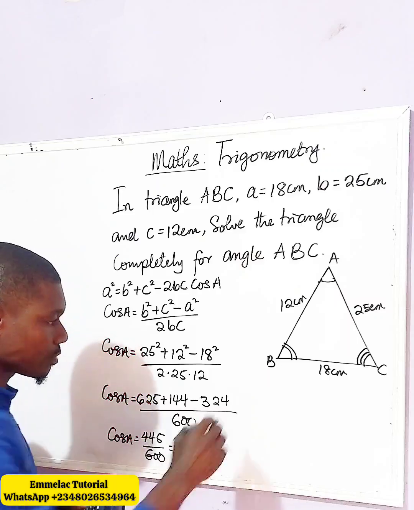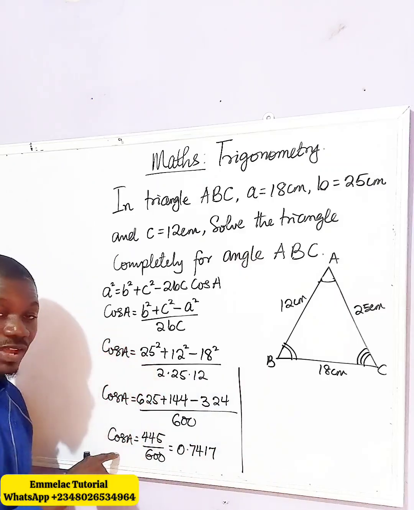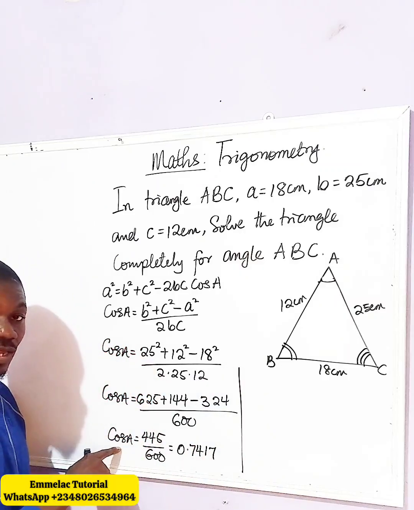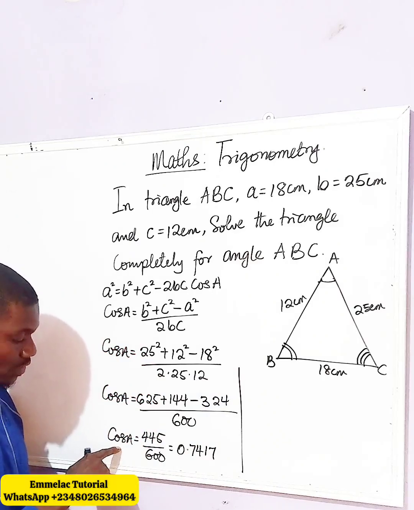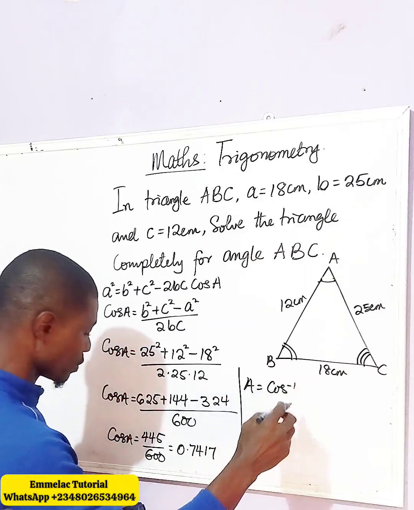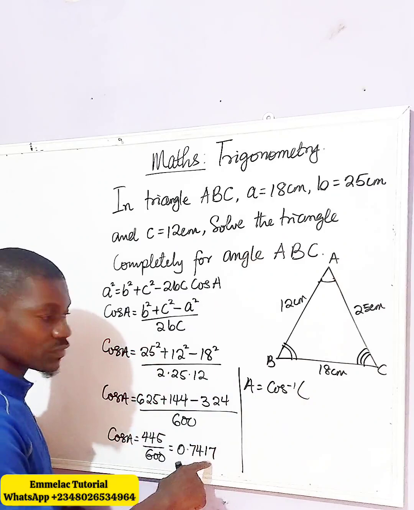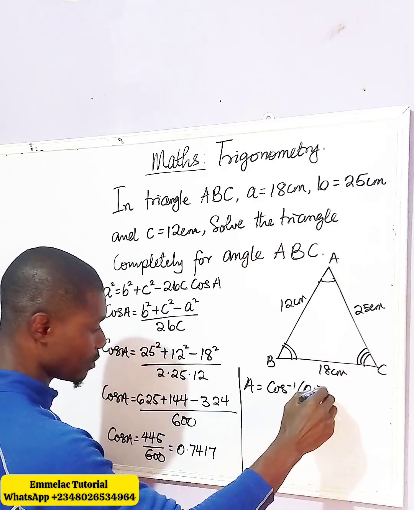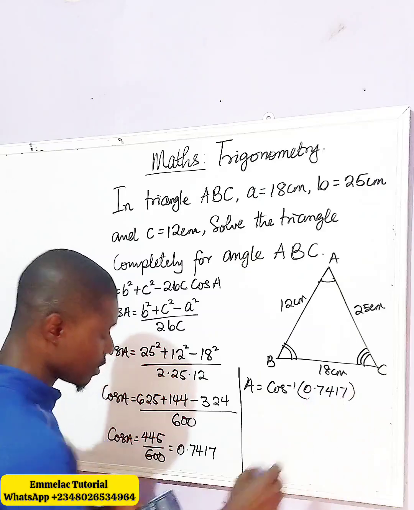At this point we'll find the inverse cosine. So here we have that A equals the inverse cos of this value, 0.7417.